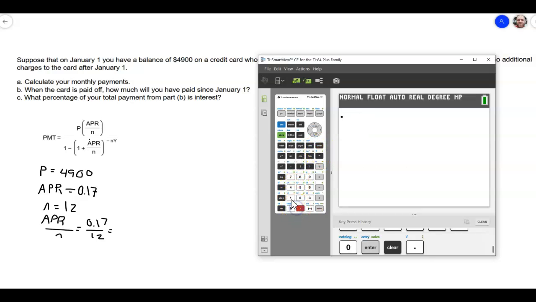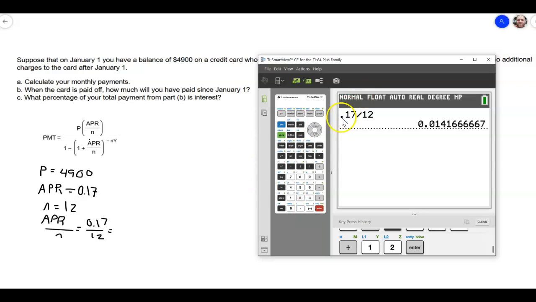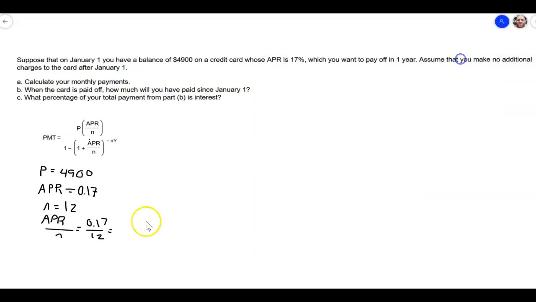So 0.17 divided by 12, and we get a decimal approximation. For right now, I'm just going to leave that as a fraction and put parentheses around that. I'll leave it like this in my calculation to make it a little bit more accurate.